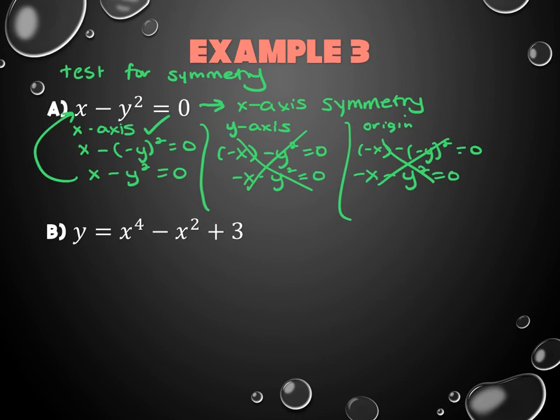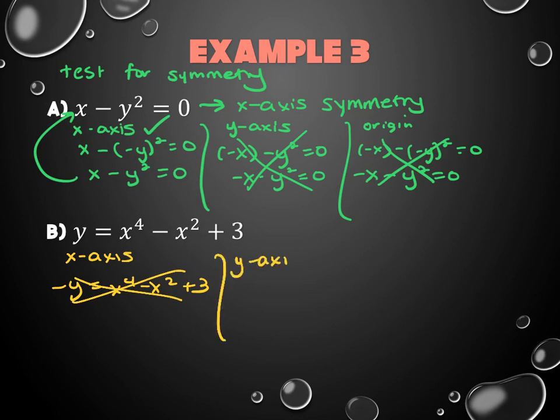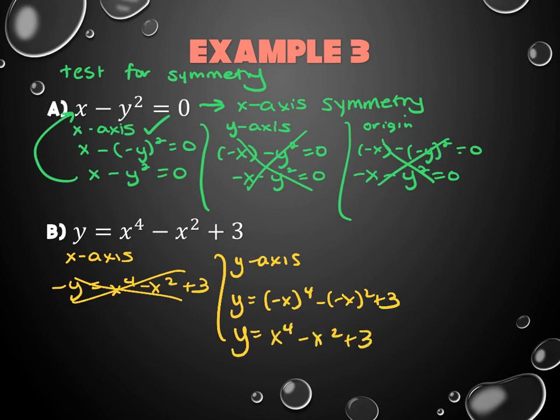And the last one, I'm going to do the same thing, x-axis symmetry, change the y. This time only the y changes, so that's a no. Y-axis, change the x. Both of them are even exponents, so they go back to the original. This is a yes.